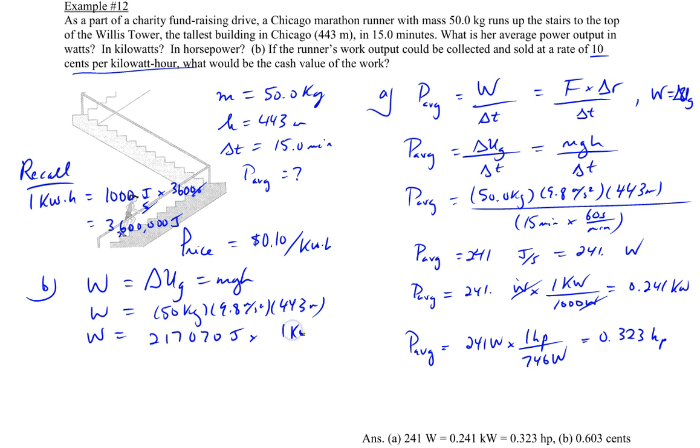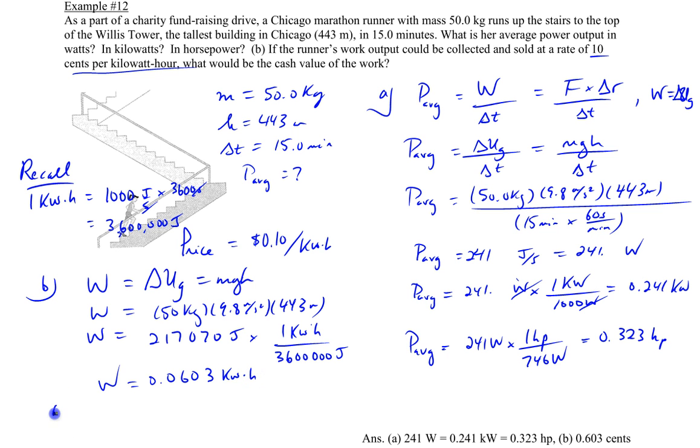So let's convert that now. If we multiply by 1 kilowatt hour and then divide by 3,600,000 joules, we get the energy that was transferred while she was running the marathon of 0.0603 kilowatt hours.